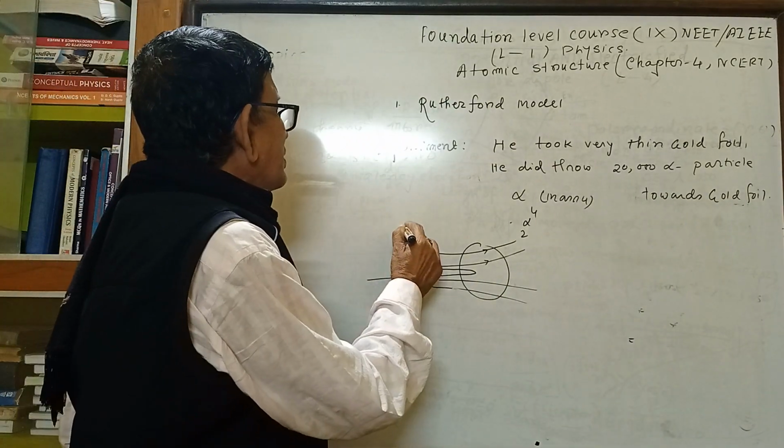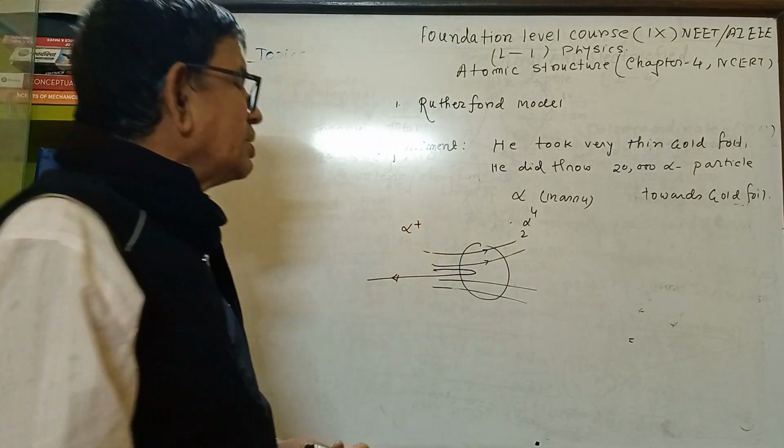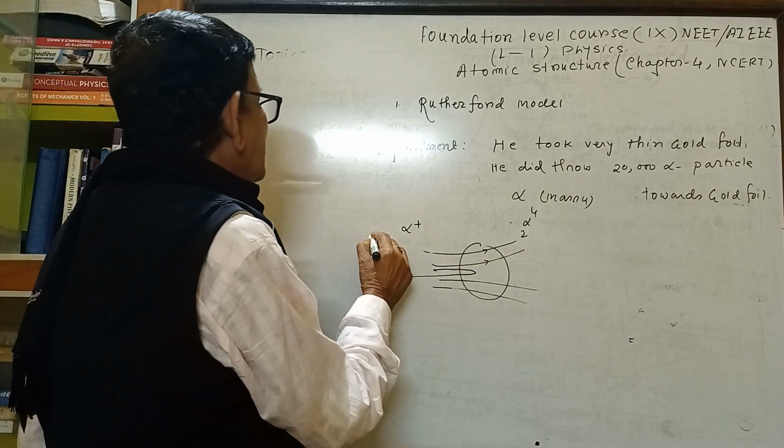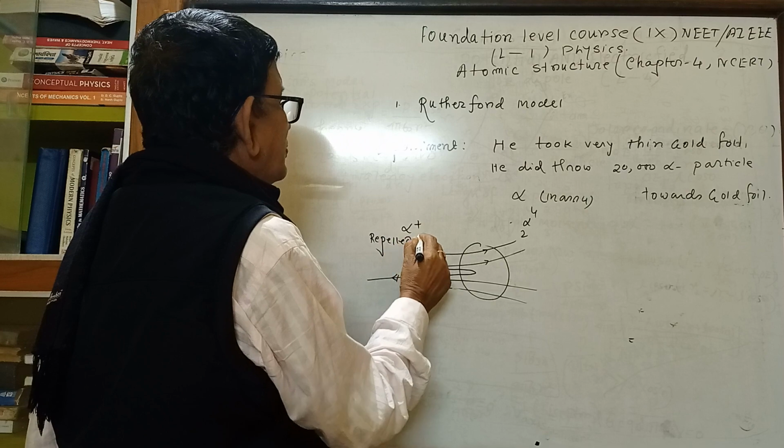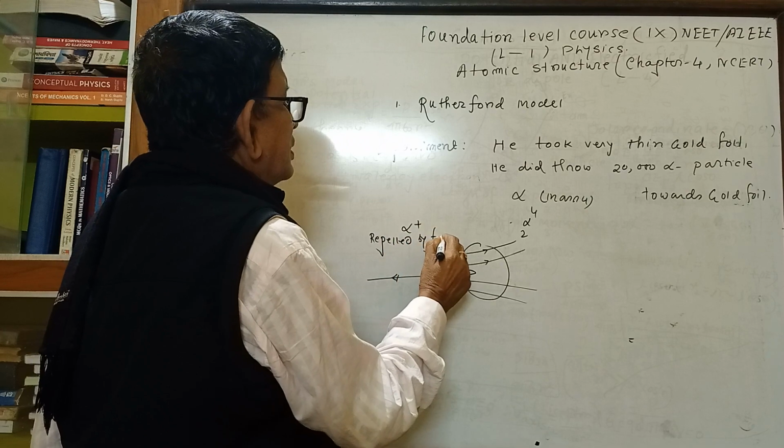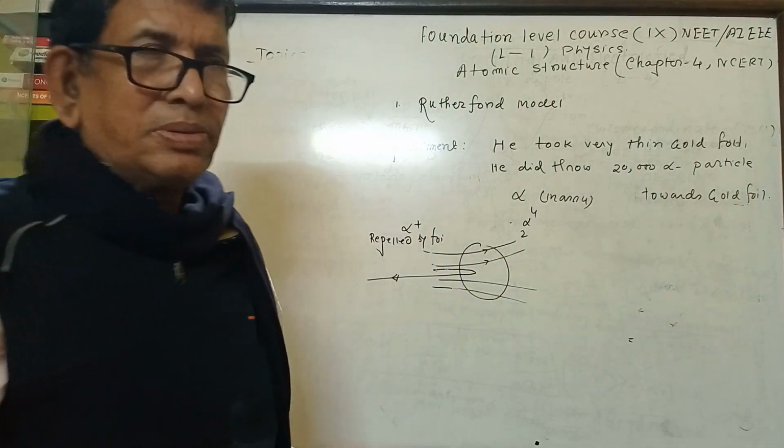Alpha is a positively charged particle, so these were repelled by the gold foil, and the maximum passed through.